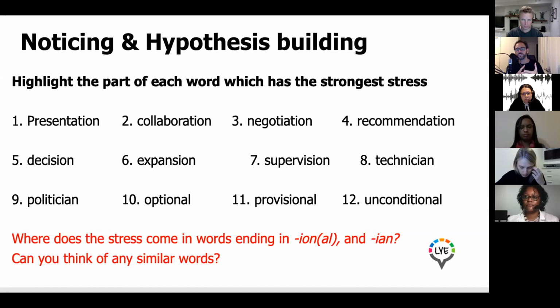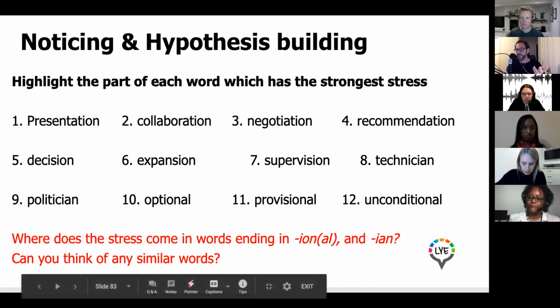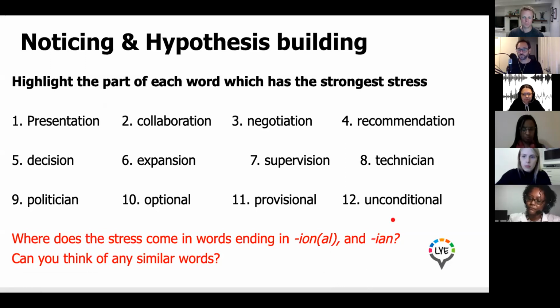So instead of teaching the pronunciation of the word presentation, why don't you just teach them all the words that finish with the same suffix and see if they're able to identify the pattern? The same thing with words. They all have the same pattern. So right here, we're killing 2 birds, or maybe 3 or 4, with only 1 pronunciation stone.